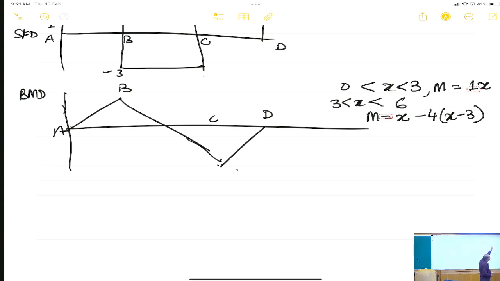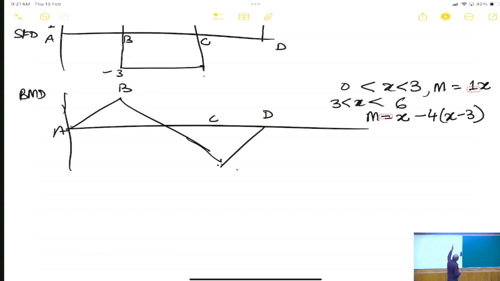I should not have done this. I should have first written the expression. See, from 0 to 3, what is the rule? Any positive force causes a positive bending moment equal to P times zeta. So, on all sections to the right of A, the bending moment contribution will be 1x.